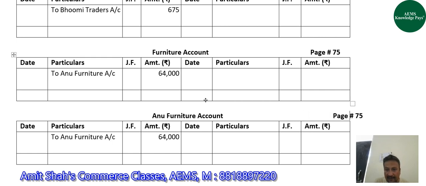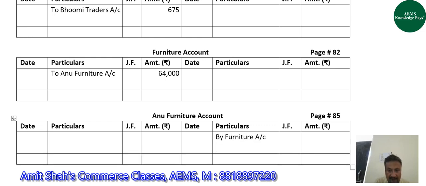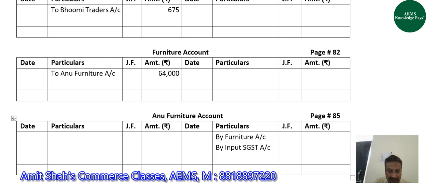And on the credit side of Anu Furniture account, we'll write by furniture account, by input SGST account, and by input CGST account with their respective amounts.